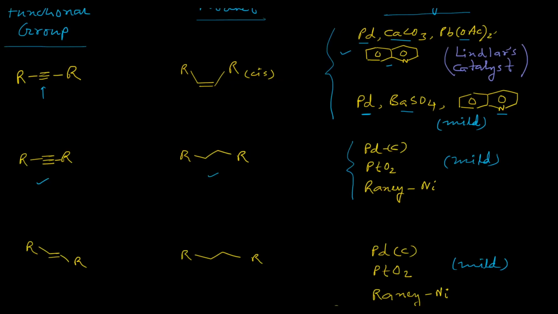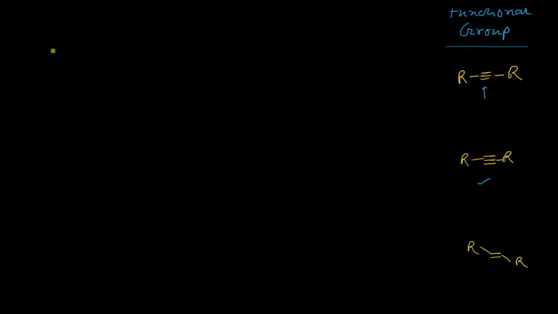Raney nickel is basically prepared from an alloy of nickel and aluminium, where the percentage of this metal is 50%.